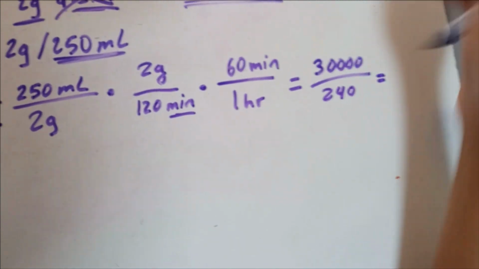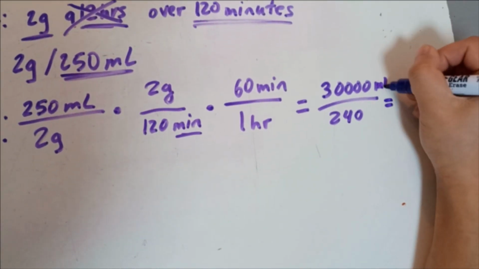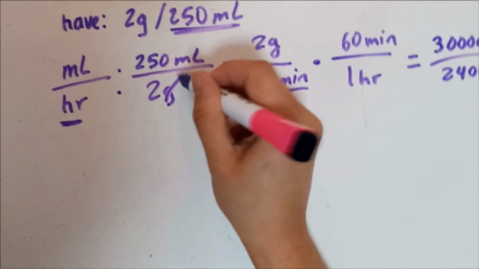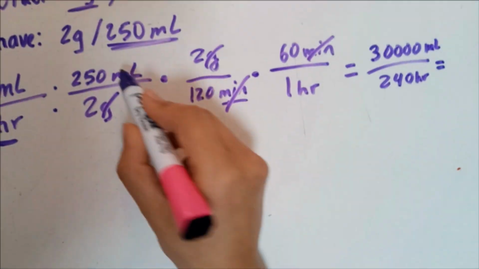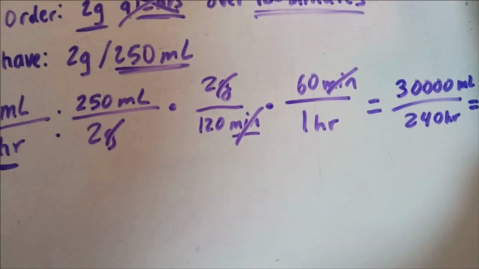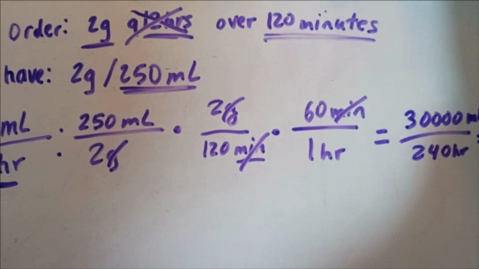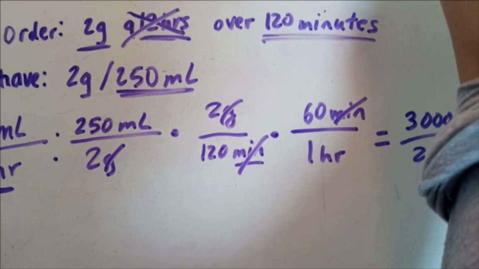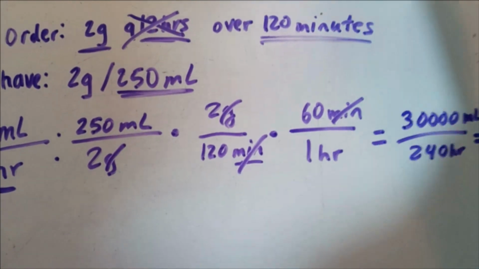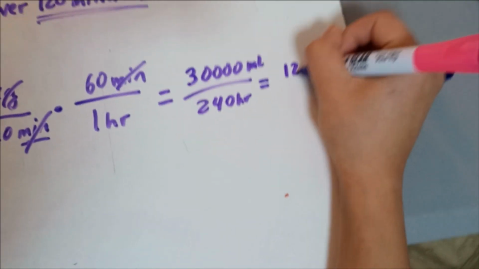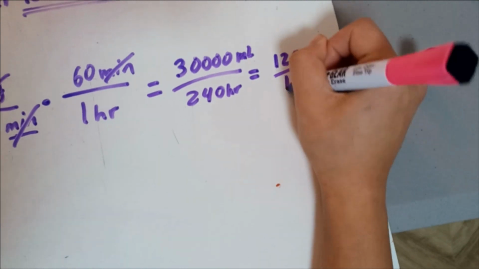Okay, now we divide it. This is milliliters per hour, because see our units canceled, and we're left with milliliters and hours. Okay, let's see what it equals when you divide. 30,000 divided by 240. Okay, so we have 125 milliliters per 1 hour.